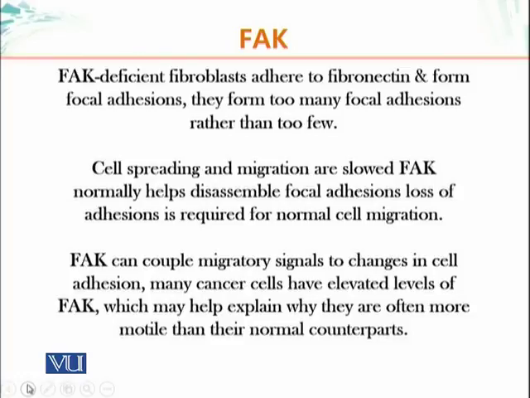Also, the point here is that regulation of FAK is important because if it is completely deleted, it can result in too many focal adhesions and prevent spreading of the cells or migration. This implies that FAK normally also helps disassemble the focal adhesions, and loss of adhesion is required for regular cellular migration.